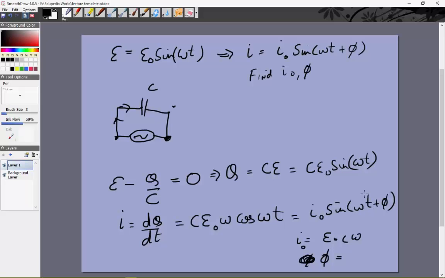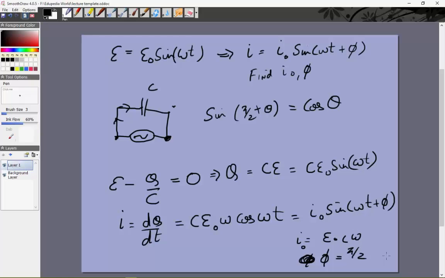So what is sine of pi by 2 plus theta? Is it cos theta or minus cos theta? Well, I remember that it is actually cos theta, right? These things you need to be very familiar with. So sine of omega t plus pi by 2 is cos omega t, so phase is pi by 2. Right.